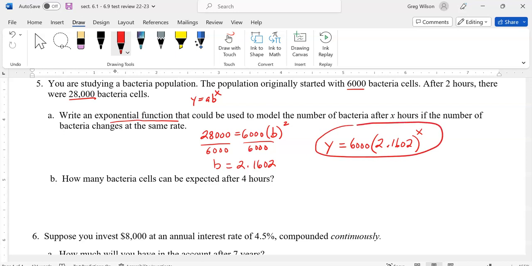Letter B, now we're actually going to use this formula and we're going to replace X with 4 to get our answer. So you can just plug this into your calculator. So 6,000 times 2.1602, and we're going to raise that to the 4th power.